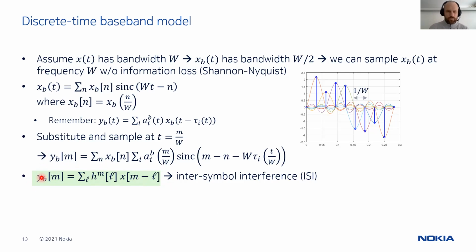Well, what is still not super convenient here is that there's no direct correspondence between what you've sent and what you've received. Ideally, we would like to have y of m equal to something times x of m.